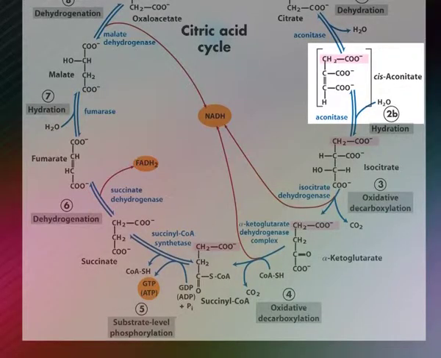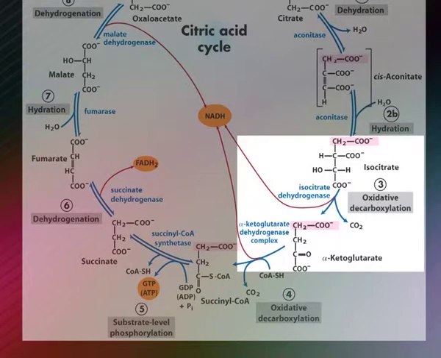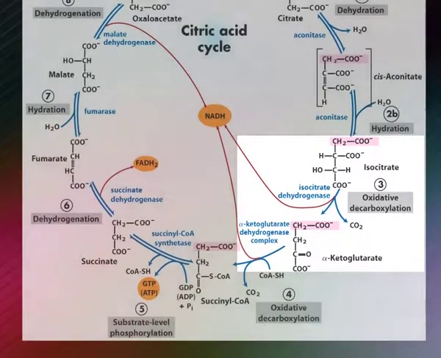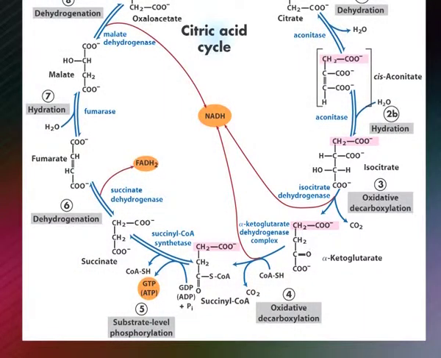The enzyme involved is aconitase. Isocitrate is further converted to alpha ketoglutarate, which is a principal keto acid formed in the citric acid cycle. The enzyme involved is isocitrate dehydrogenase.